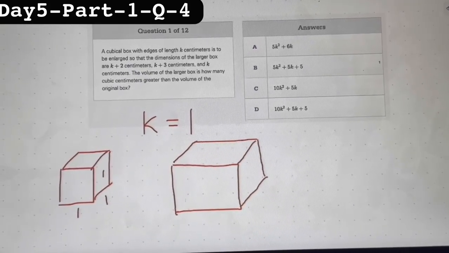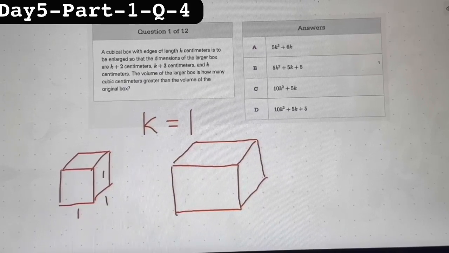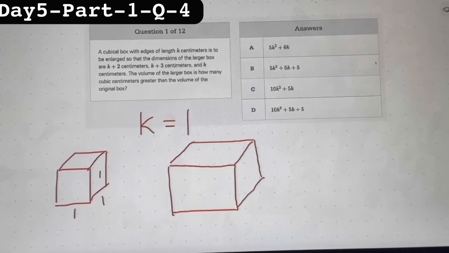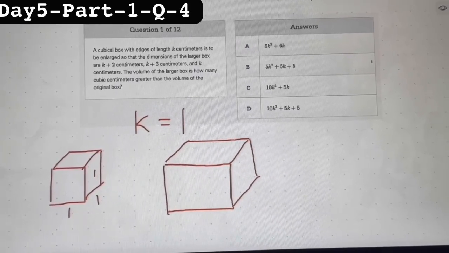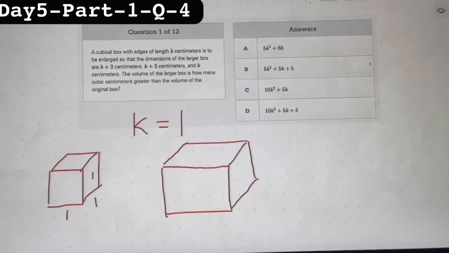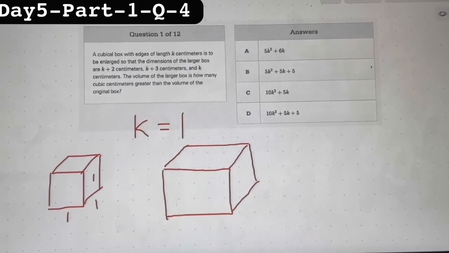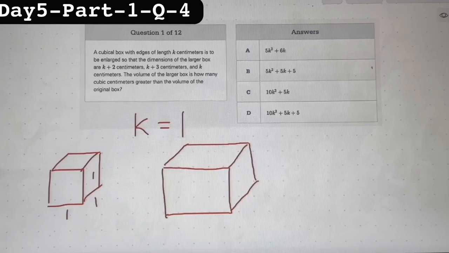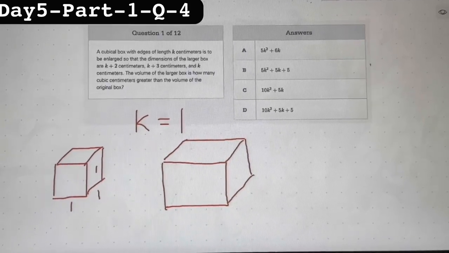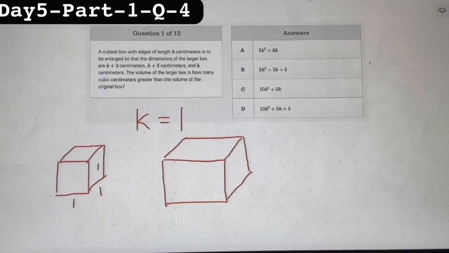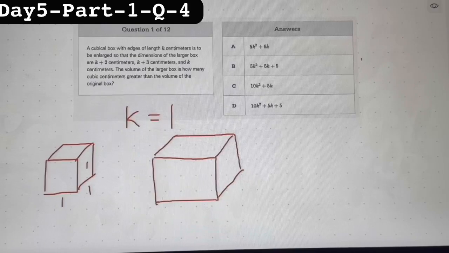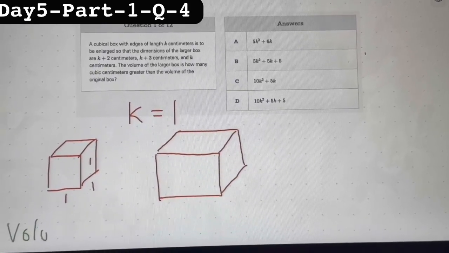Now let's talk about the volume of a cube, or any rectangular shoebox. Do you know how to find the volume of a shoebox or a cube? I have this on the basic concept cheat sheet.